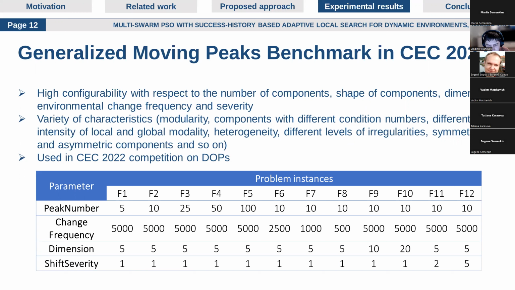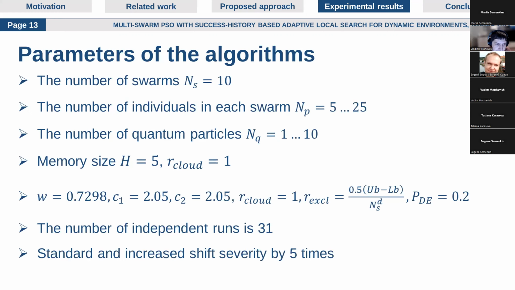There were totally 100 environments for every scenario, and yeah, you can see the parameters of the algorithm that we used on this slide. So we set 10 swarms for each scenario, so the parameters were equal. We varied the number of individuals from 5 to 25, and also the number of quantum particles from 1 to 10.